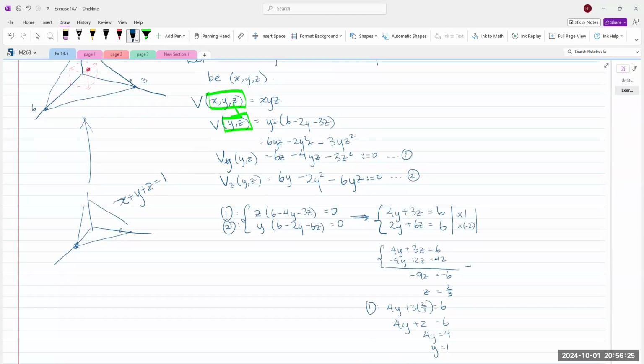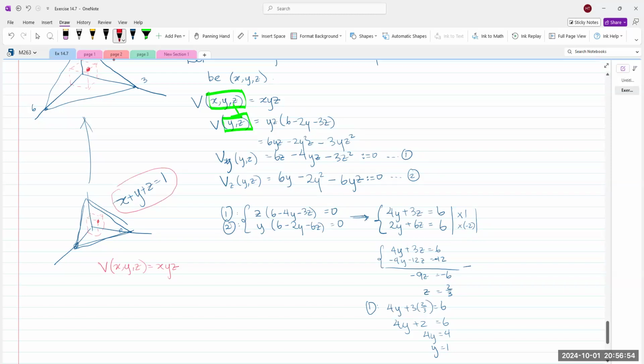Now the idea is, if we have a box with maximum value with a vertex on this plane, then the volume is xyz with the restriction x plus y plus z equals 1.